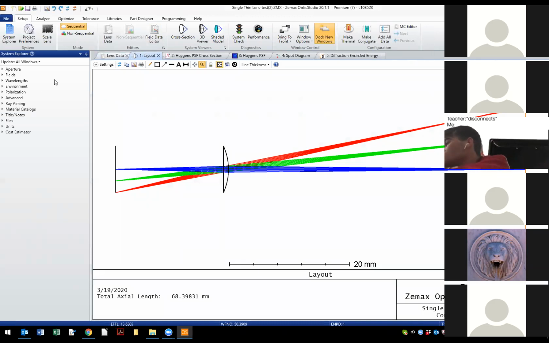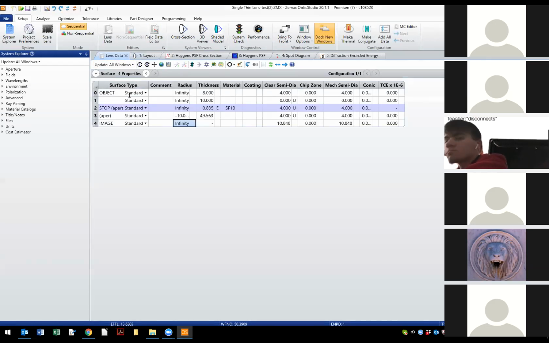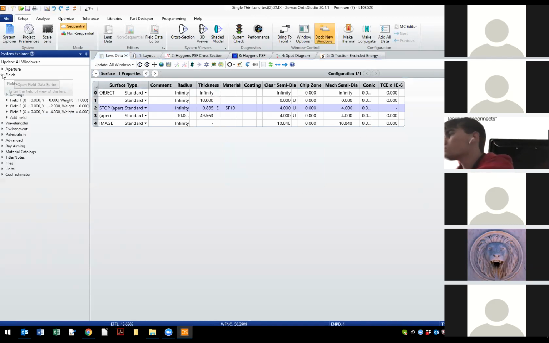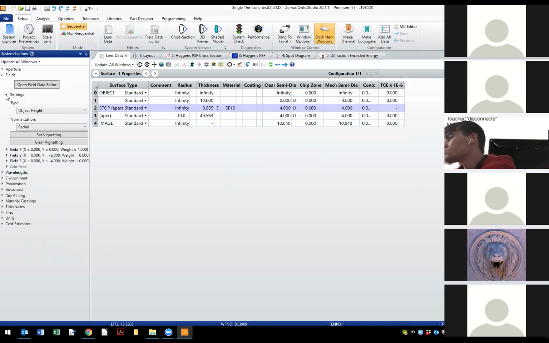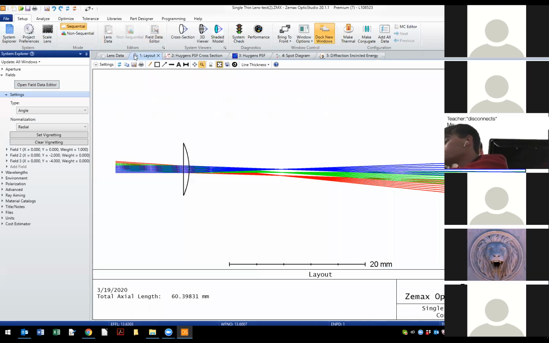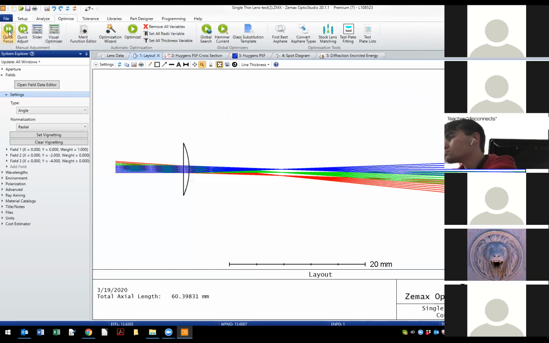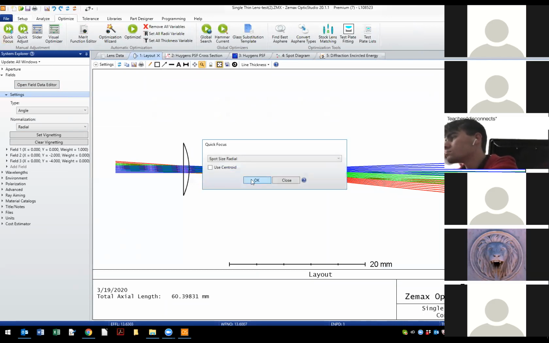Now, let's make it so that this first layer thickness is infinity. That's fine. We will change the fields to get rid of object height and make it angle. And we'll go to layout and we will optimize and do a quick focus.